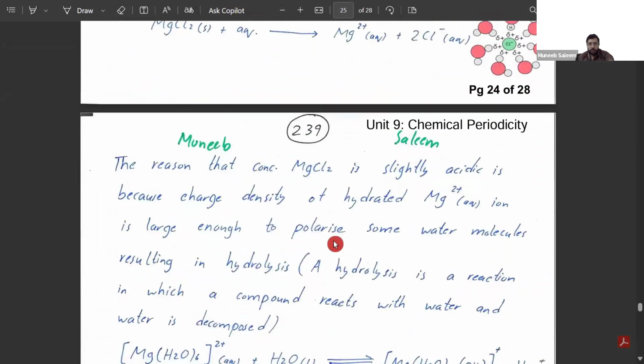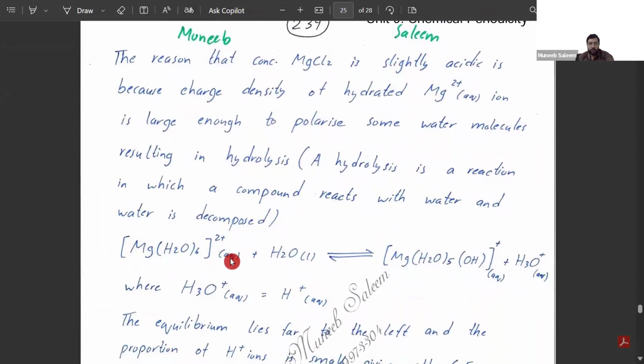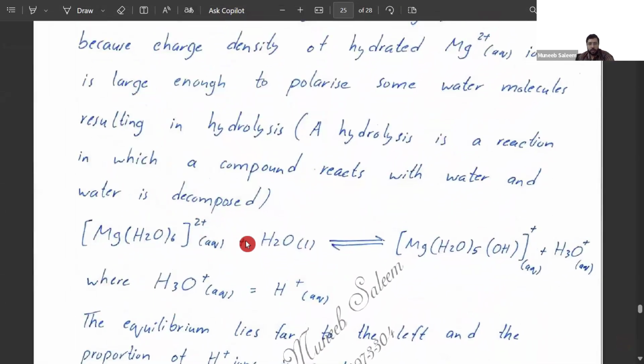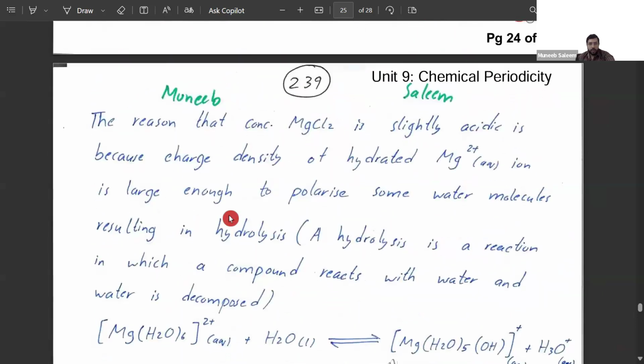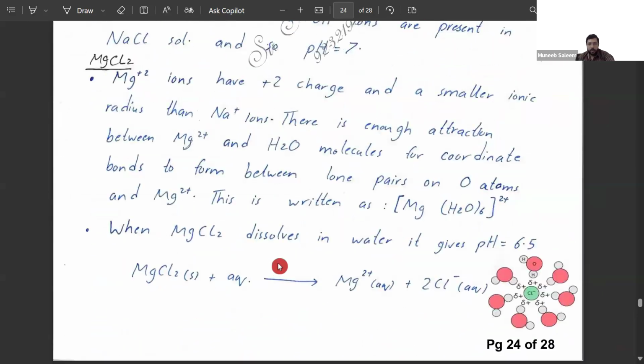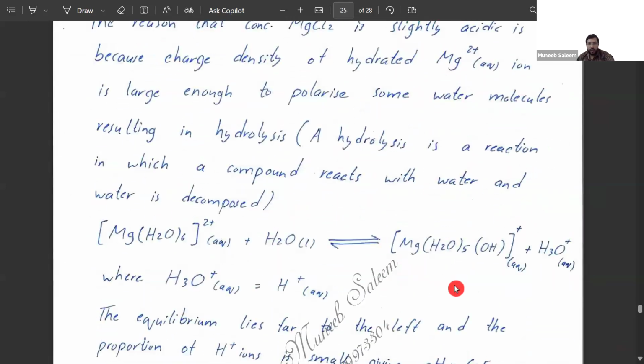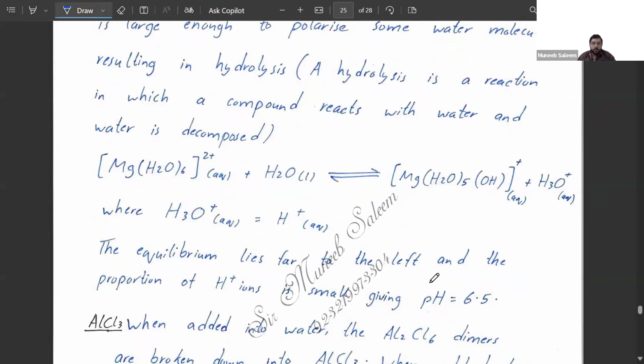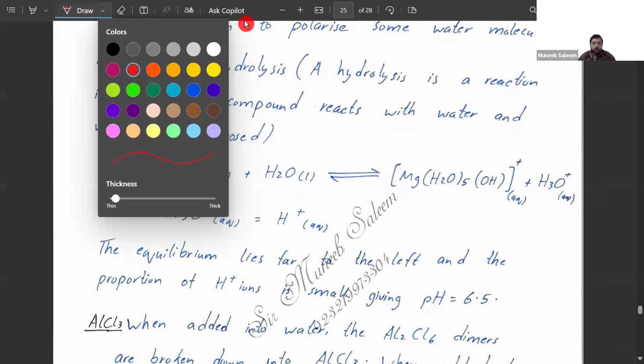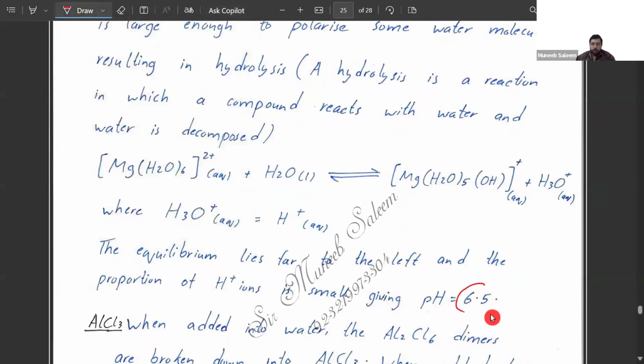In simple words, the hydrolysis of magnesium chloride in water will produce a pH value of 6.5. So a solution of pH 6.5 is produced whenever we add MgCl2.